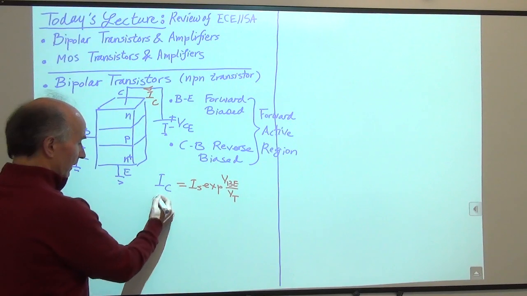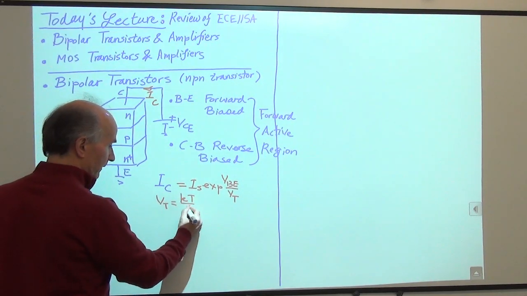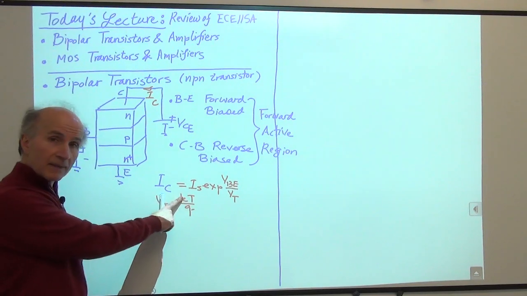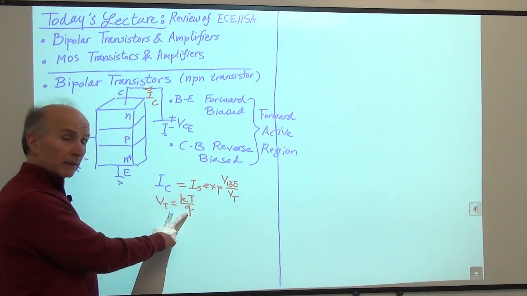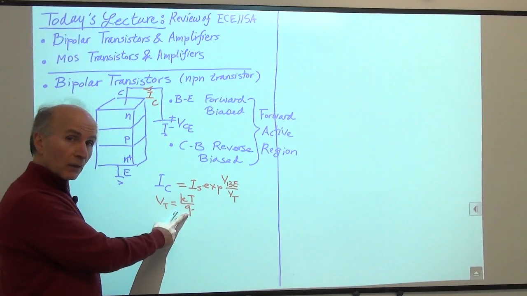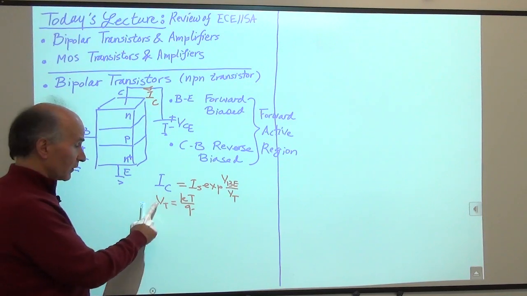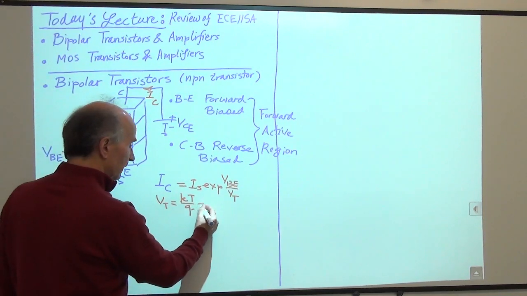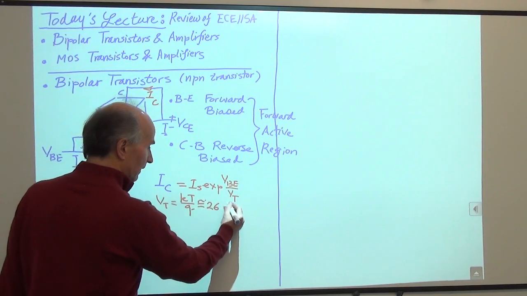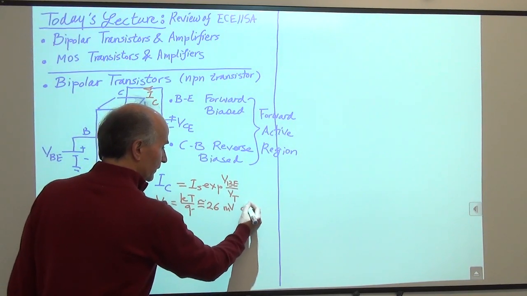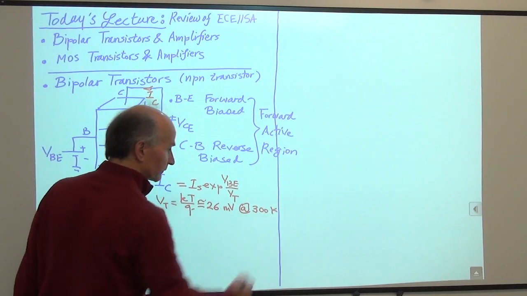VT is given by kT over q. K is Boltzmann's constant, T is the absolute temperature, and q is the charge of an electron or a hole. But these are not easy to remember, so we just remember VT itself. VT itself is 26 millivolts, approximately at room temperature, so at 300 Kelvin.